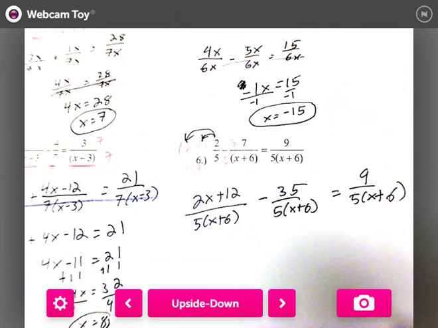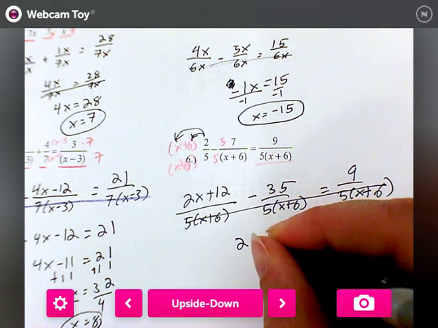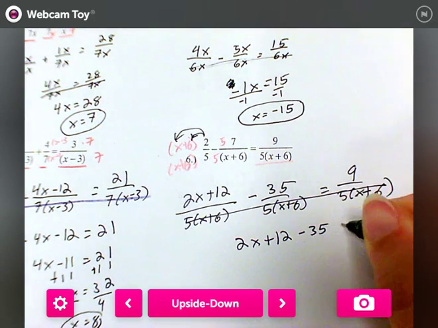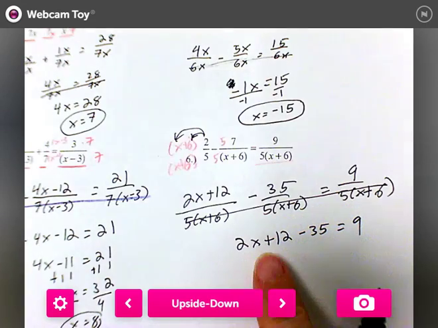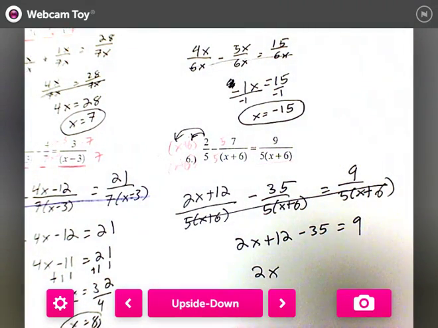Okay? I know all these 5 times x plus 6's can be canceled out, and I'm left with 2x plus 12 minus 35 equals 9. Yes. From 35? Yep. And what do you get? I have to go 35 minus 10 is 25, and then 25 minus 2 is 23.